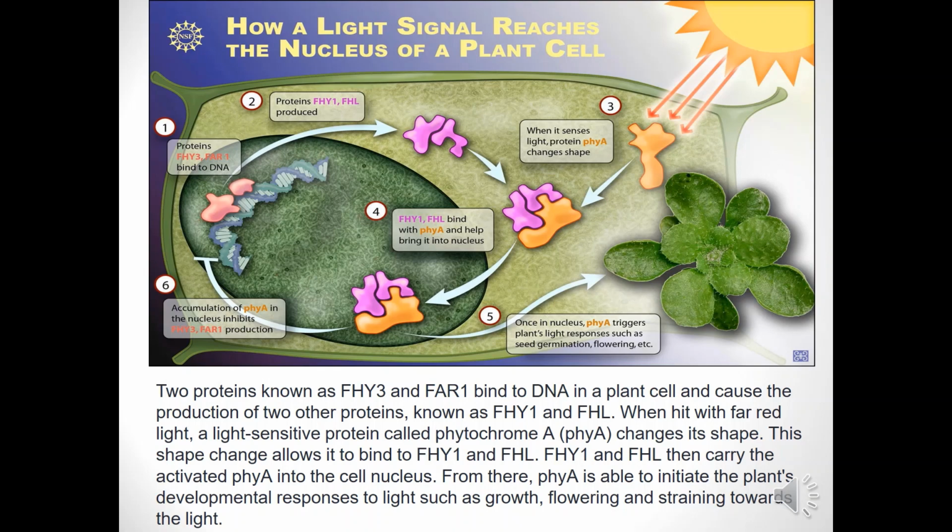Because of this process, phytochrome A is able to initiate the plant developmental responses, such as the growth of the plant or the flowering response because of the light, and also straining towards the light. However, if there is a lot of phytochrome A in the nucleus, it is also able to inhibit FHY3 and also FAR1.